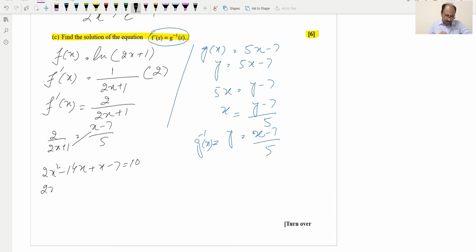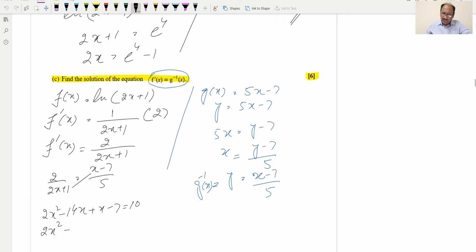So it will be 2x squared minus... this is basically not minus 7. When we shift this, we have g of x is equal to 5x minus 7, and y is equal to g of x minus 1.